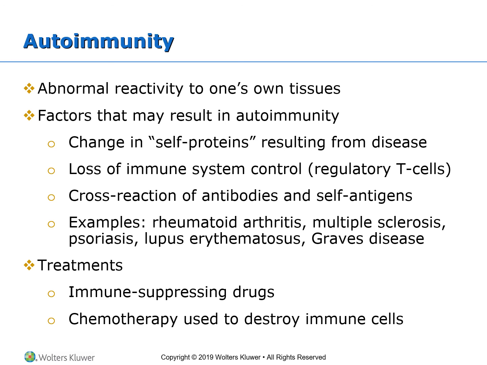In terms of treatments of autoimmune diseases, they all have some commonalities. We'll use drugs that suppress the immune system, such as corticoids, and we can also use anti-lymphocyte antibodies that are artificially produced in the lab, which is a chemotherapy type of treatment.